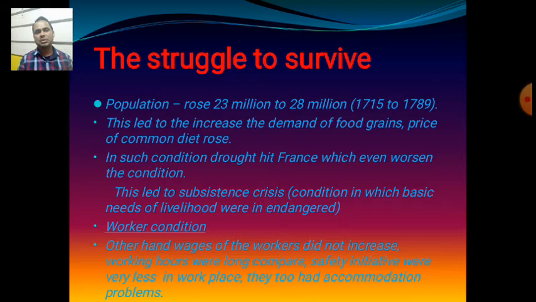As a result, for the people living with limited earning, it was very difficult to manage their livelihood. And we should not forget, as I told, that many people were living under the burden of taxes. So with this we can understand that the conditions of peasants and the common man in France were very hard. It was not easy for them to survive.